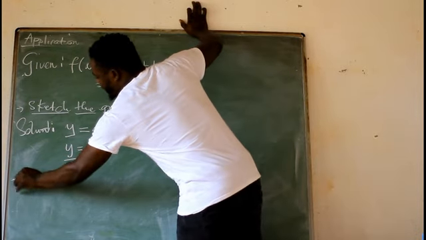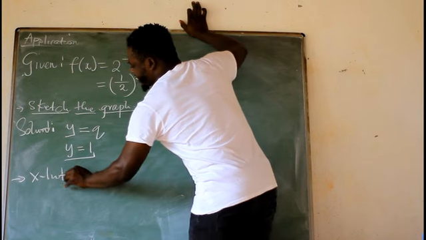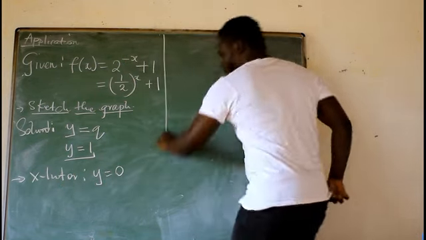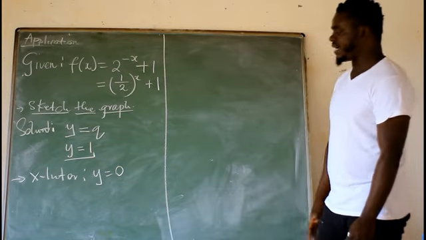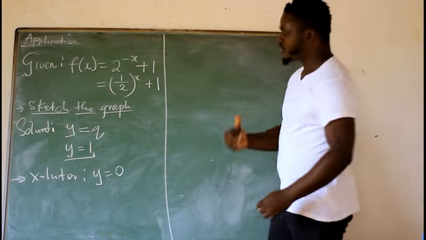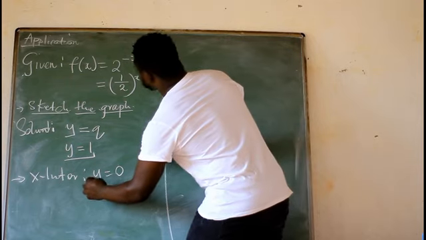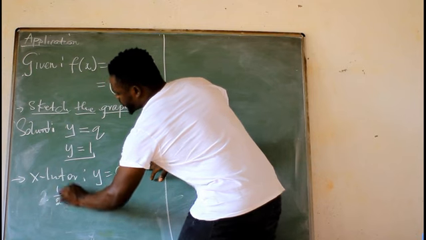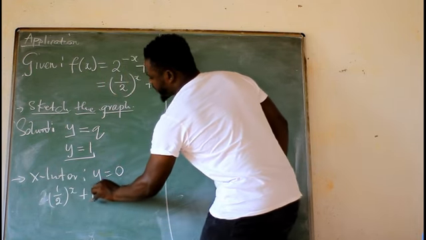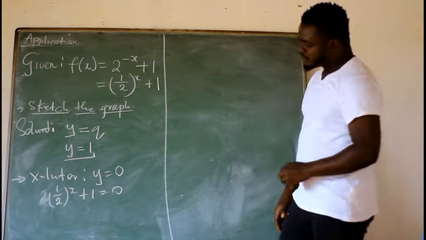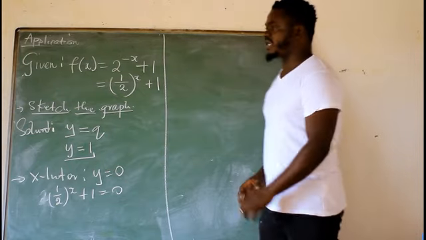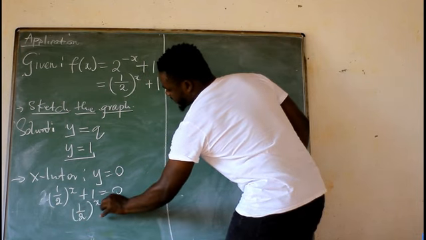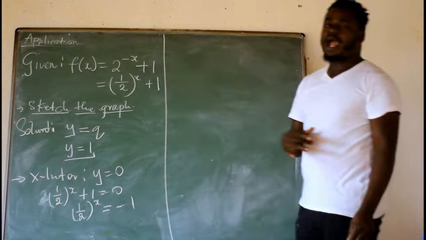Now, you need to find the x-intercept. The x-intercept is such that y equal to 0. Therefore, 1 over 2 to the exponent x plus 1 equal to 0. If you take the 1 to the other side, it's going to be 1 over 2 to the exponent x equals negative 1.